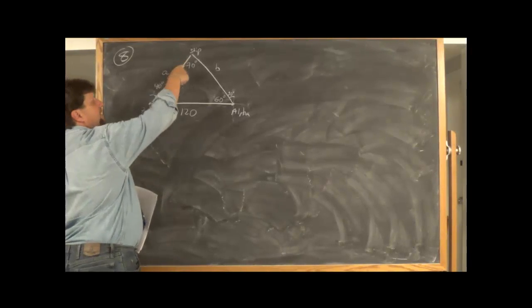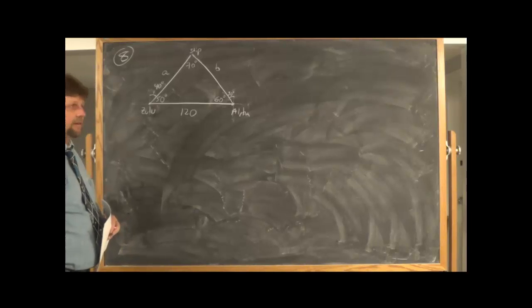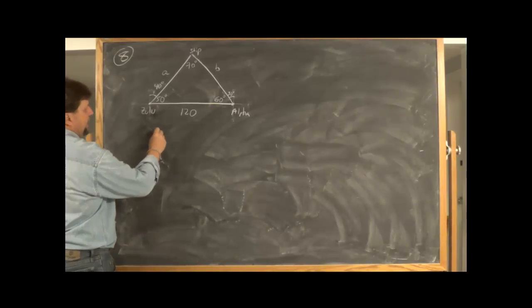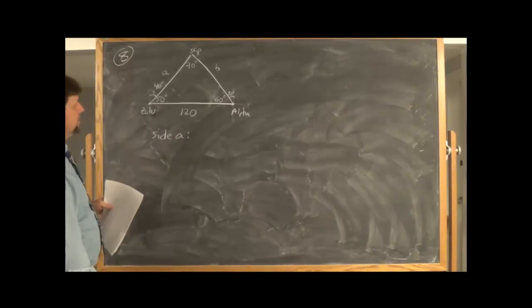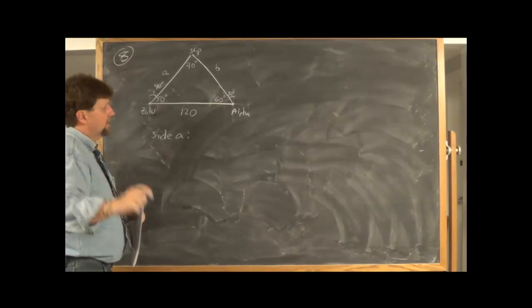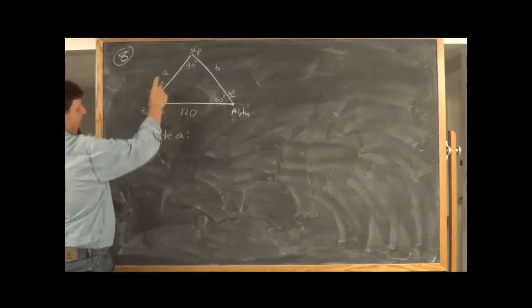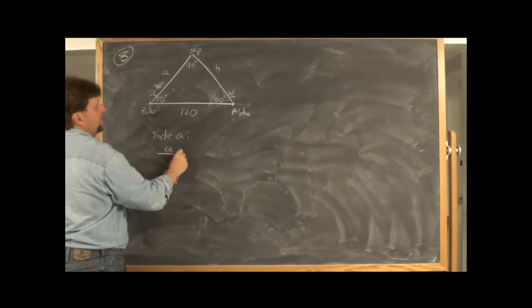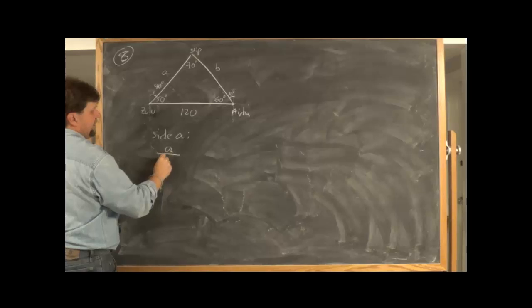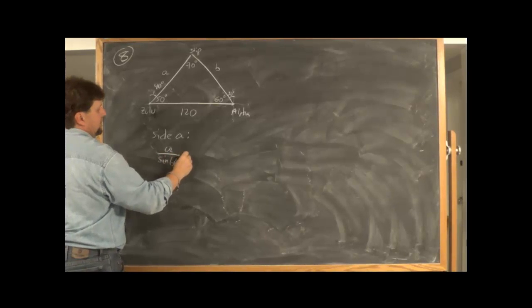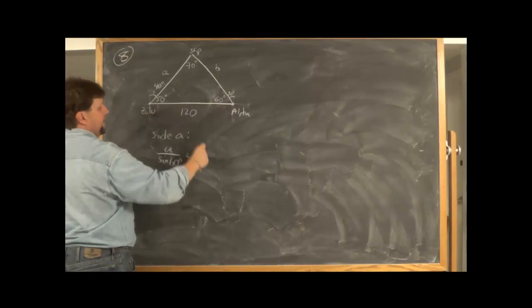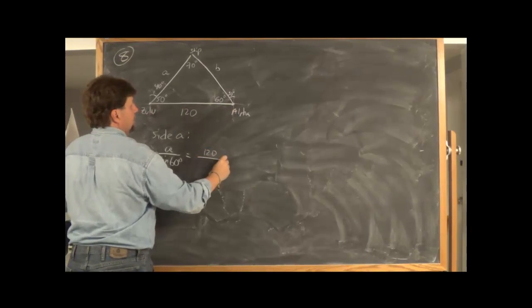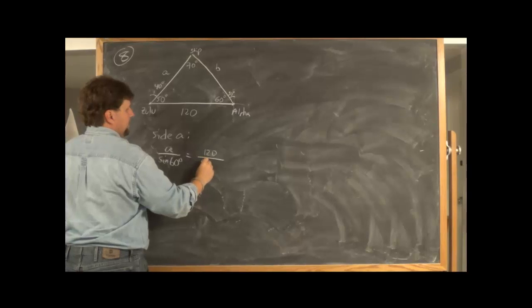So all I have to do is find side A, side B. Well, I think to get side A, it looks to me like a law of sines problem. A over the sine of 60 degrees equals this side here, 120, over the sine of 70 degrees.